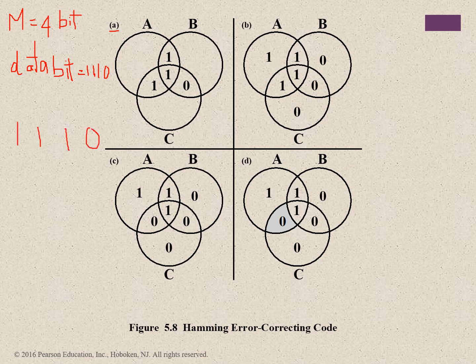So this is data bit 1, this is data bit 2, this is data bit 3, and this is data bit 4. So you now know what D1, D2, D3 and D4 are. In the Venn diagram, you need to place those bits. Where D1 comes, where D2 comes, where D3 comes, you need to remember the position. Let me draw it here because I don't want to disturb that diagram.